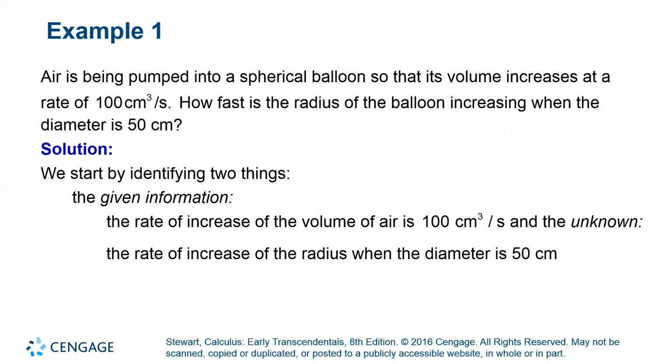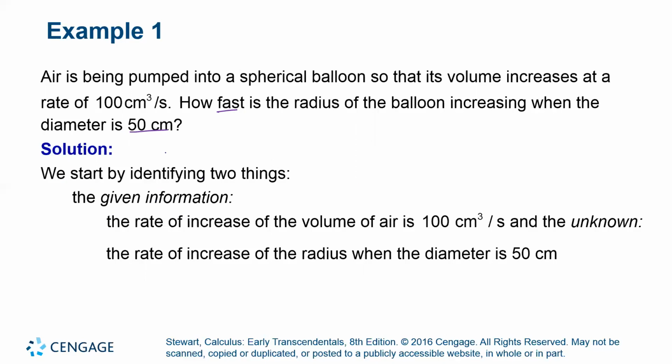It said air is being pumped into a spherical balloon so that its volume increases at a rate of 100 centimeters cubed per second. How fast is the radius of the balloon increasing when the diameter is 50 centimeters?